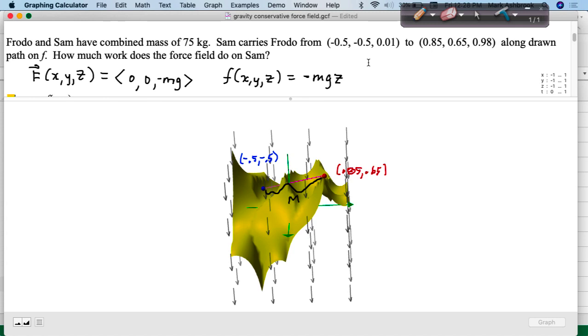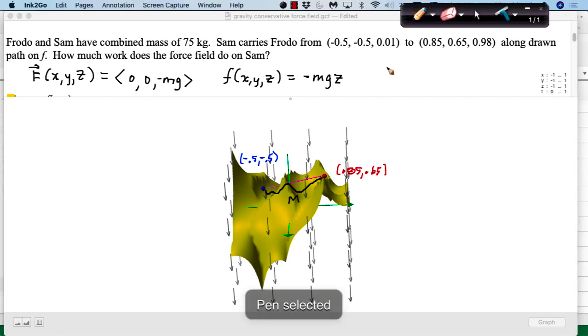So we're going to find the work, which is the integral. M is the actual path they walk, but because they're walking through a conservative field, we can do the straight path.